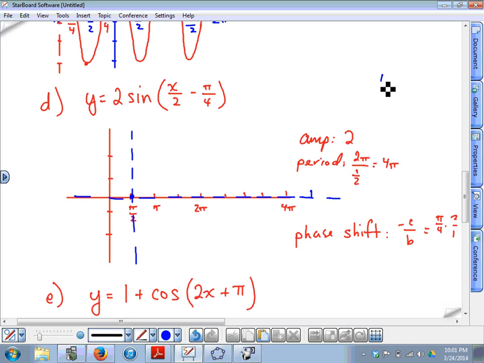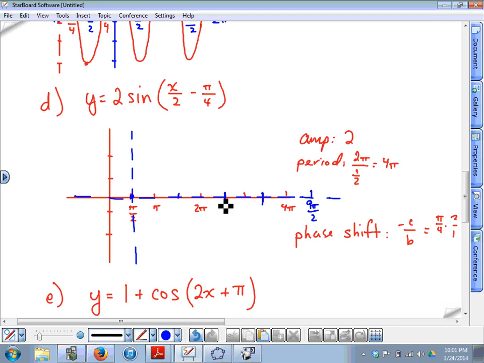So if we take 4 pi and add pi halves, then 4 pi is 8 pi over 2. Adding pi halves would be 9 pi halves, so the cycle ends at 9 pi halves. Normally 2 pi would have been the middle point, but if you shift over by a factor of pi halves, this is the middle point.